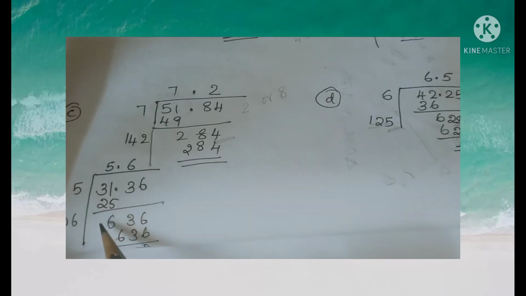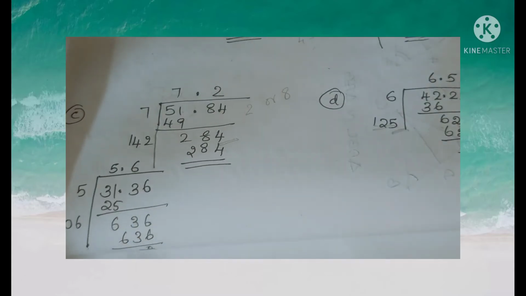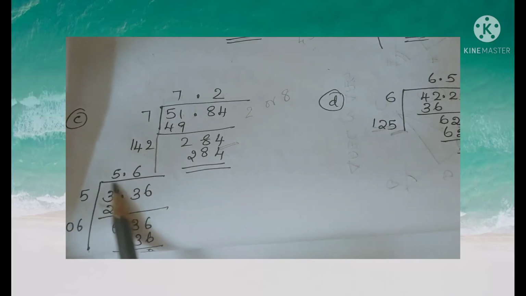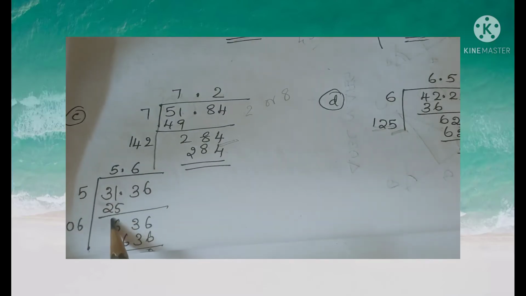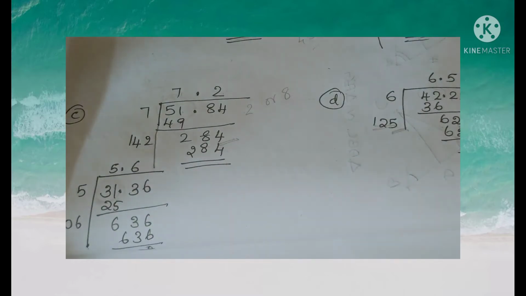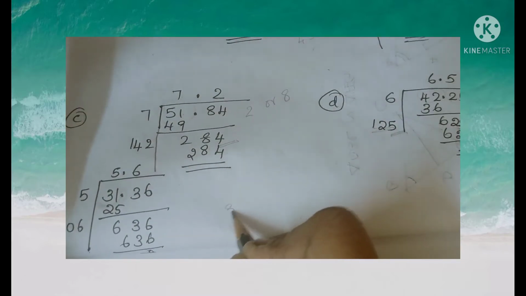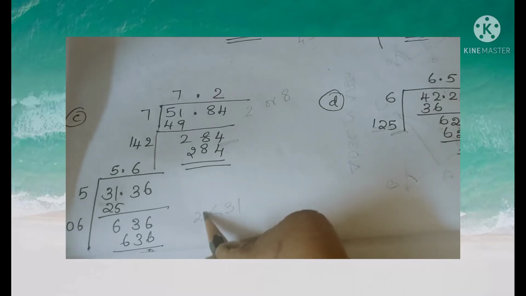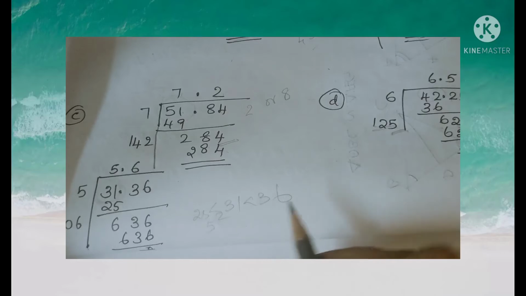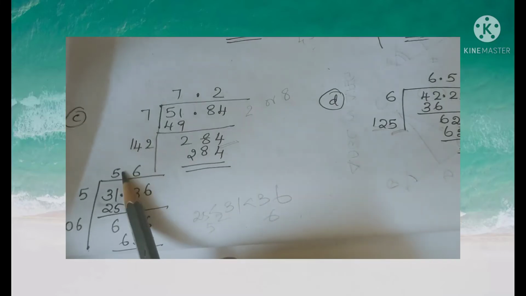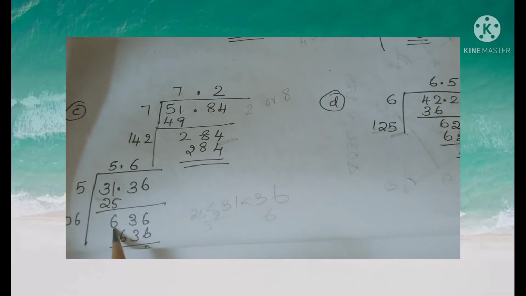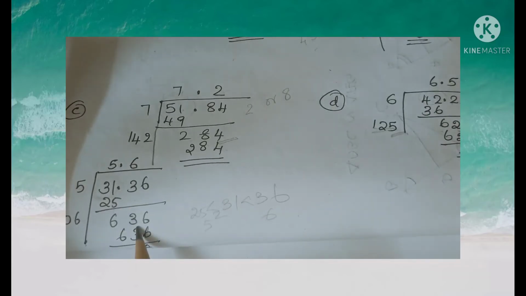Then the last one, 31.36. The same way we find where the number lies. 31 lies between 25 and 36. So we write 5 here. 5 into 5 25. Subtracting, we get 6. Write down 36.